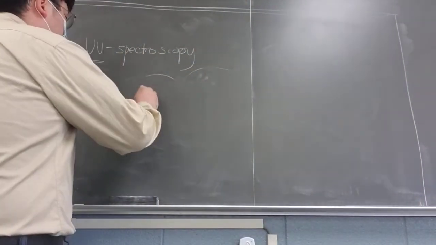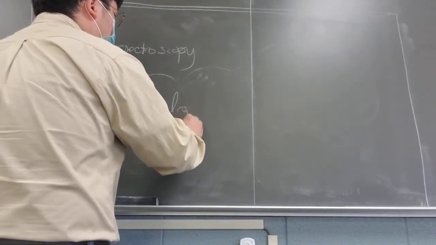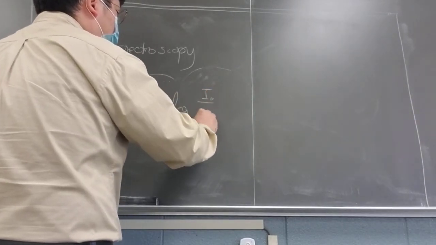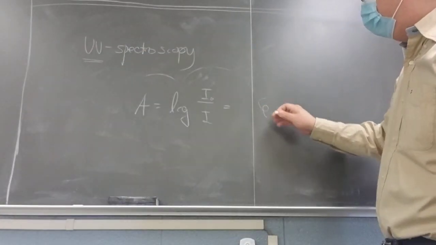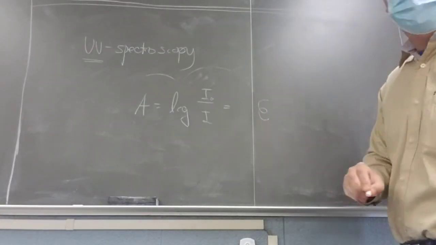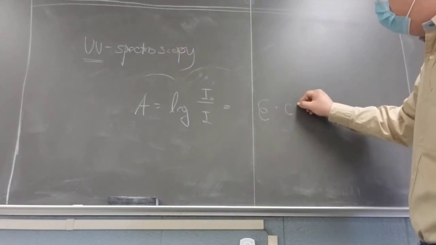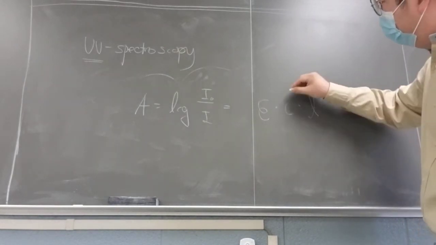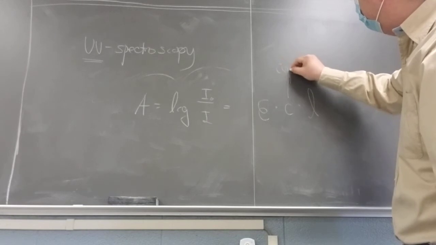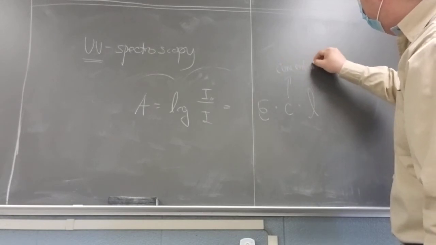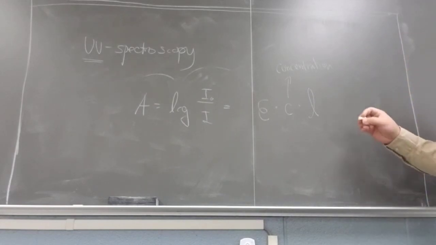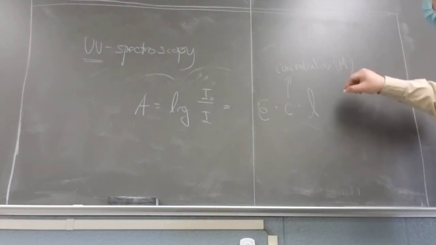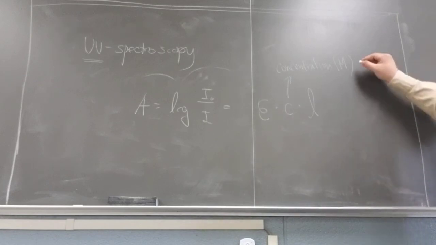Whenever you do this, absorbance is once again the same as log of this, and we use a specific Greek letter, epsilon, times concentration times path length. This is the concentration. I know we have different units for concentration, but in chemistry, we all know by now, it's just molarity: moles per liter.